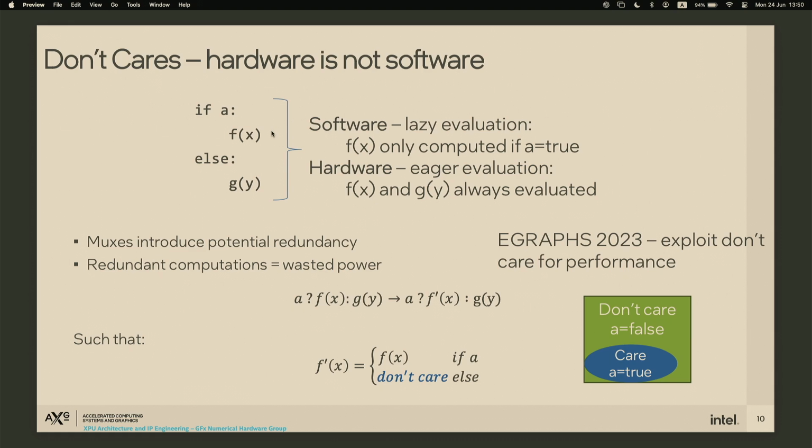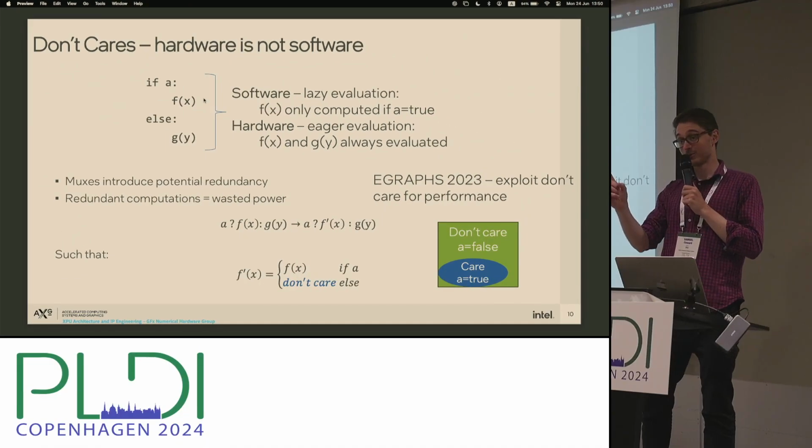We have these joins at the end, and we'll evaluate both f and g irrespective of what the value of A is, and then we'll just pick which line we're going to select. And so that means these 2 things are always evaluated. And that's bad, because you're consuming power, because you're toggling and flipping bits to evaluate both of these things, but you only care about one of those results.